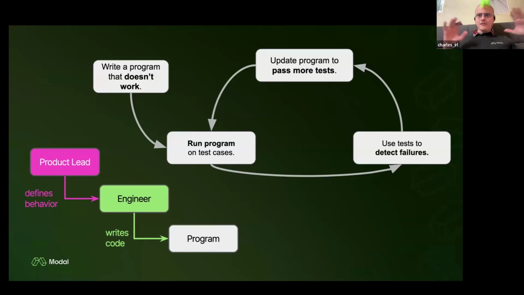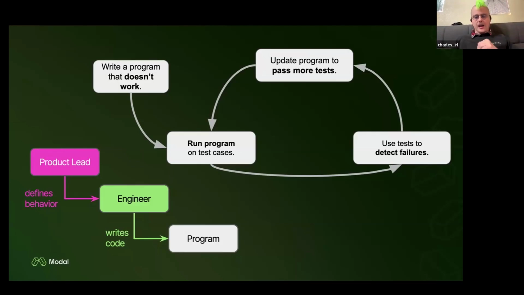One galaxy brain view of software development is that a product lead, who may also be the engineer, defines the behavior that they want out of a program. That behavioral definition goes off to an engineer, who writes code and produces a program. In order to make sure that program actually fits the defined behavior, people will write test cases.